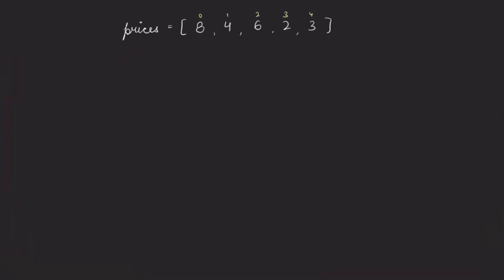Now, how do we find out the discount? For any number, we will check towards its right, whichever is the first index where the price is less than or equal to this particular price, then that price will be the discount for this particular price.